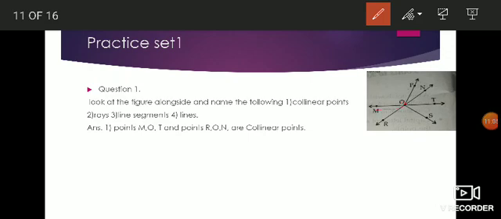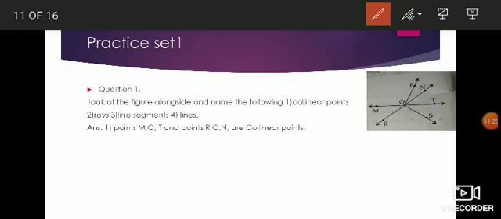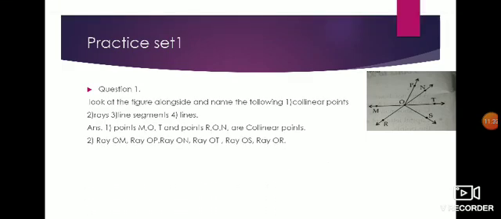Now we extend this line till point M, and it keeps increasing. So we can say ray OM, ray OR, ray OS, ray OT, ray ON, ray OP. These are all rays. Okay, let's see if our answer is correct. Yes, ray OM, OP, ON, OT, OS and OR are the rays.